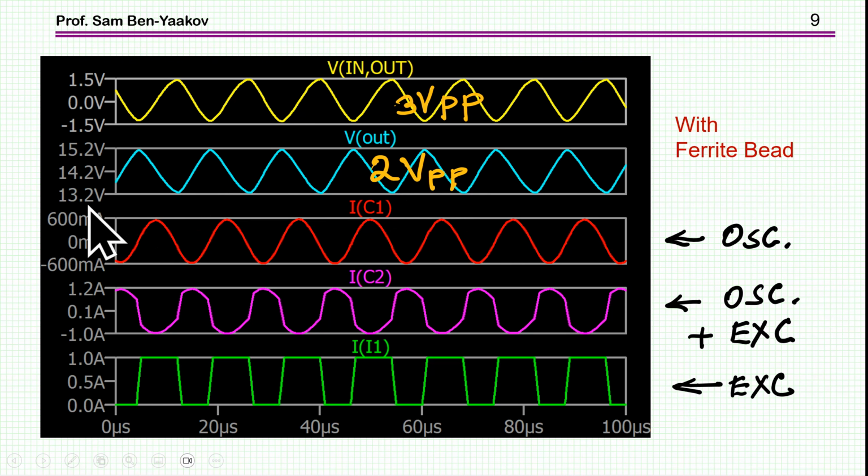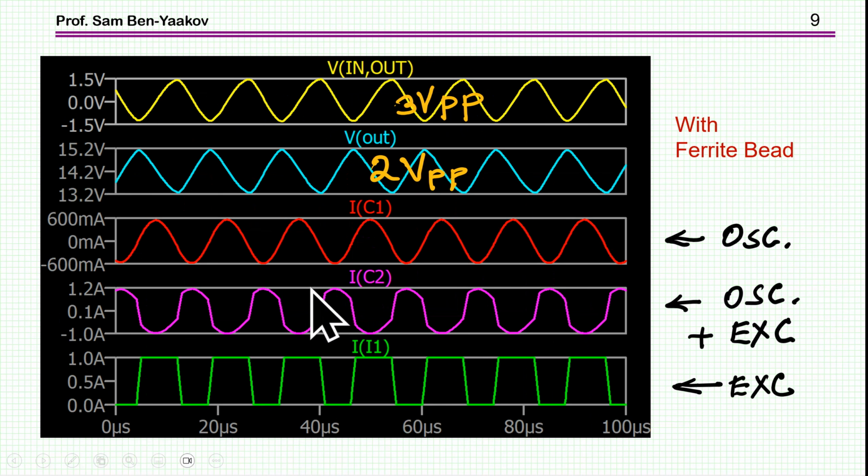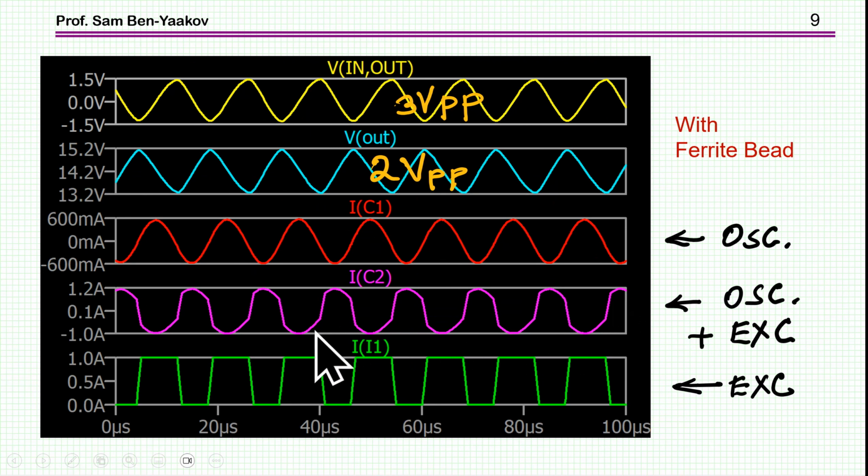And then we see here that the C1 capacitor, which is this capacitor, has a sinusoidal waveform, which means that there is some oscillation here, while the second capacitor, IC2, this one, which is exposed to these pulses, has the combination of this resonant current and the pulses. So we see that in this case, not only does the ferrite bead not help, actually it's making things worse.